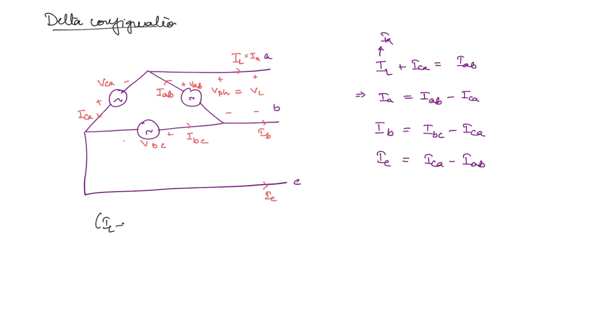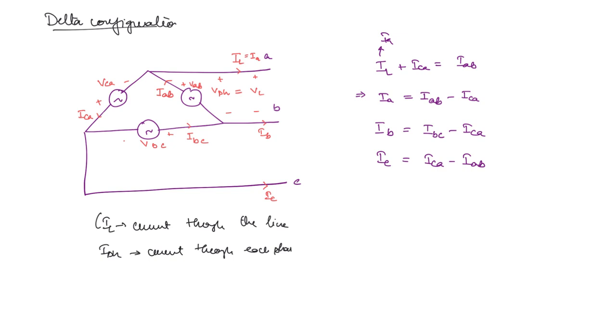So the line current is the current through the line, and I phase is the current through each phase. We will now see what is the magnitude and the phase relationship between the line current and the phase current. So how will we get it? Using the phasor diagram.